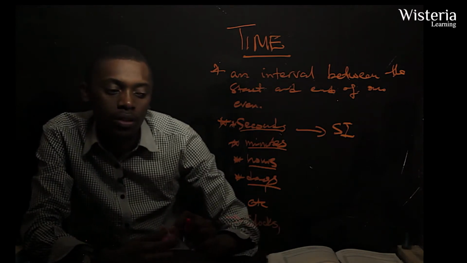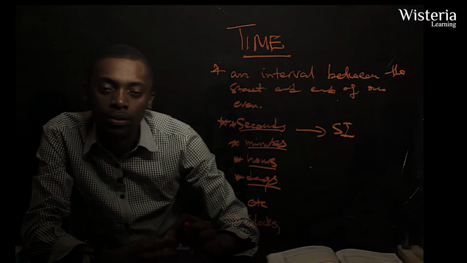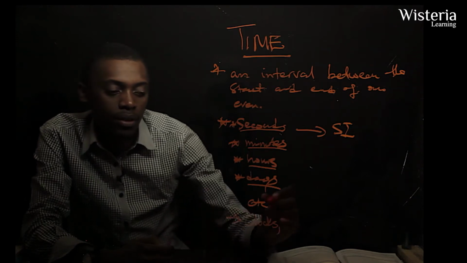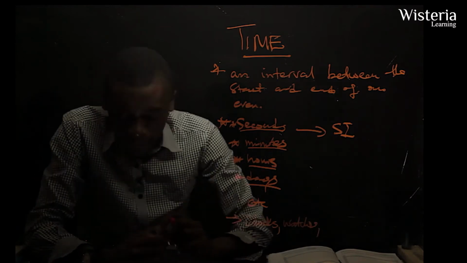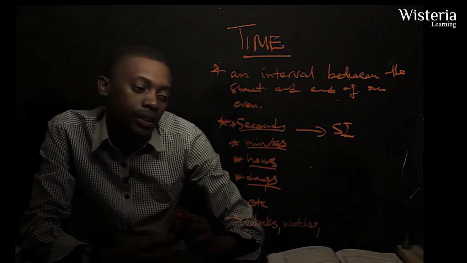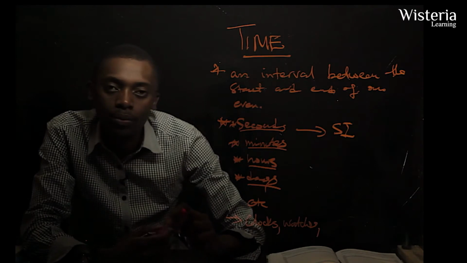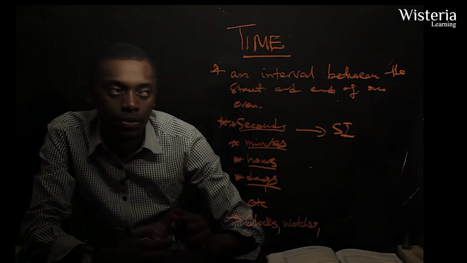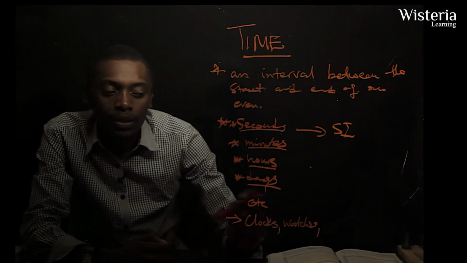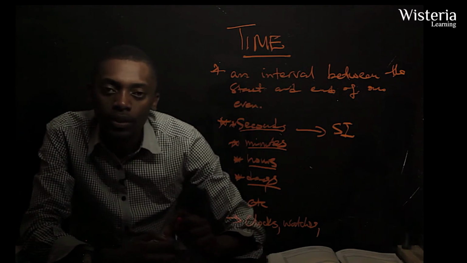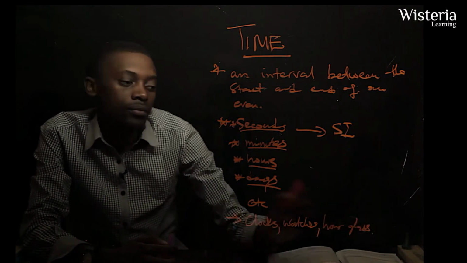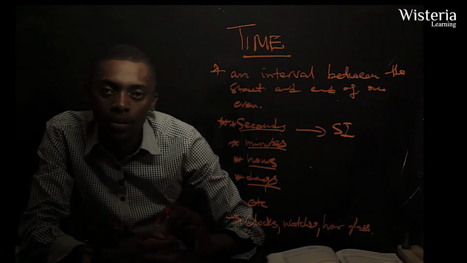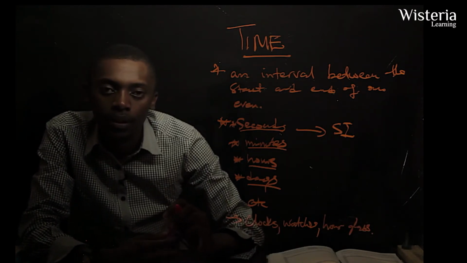We can measure time using instruments known as clocks. We can also use watches, and these come in different forms: stopwatch, wristwatch, and so forth. Apart from this, there is also another instrument known as an hourglass, which we can also use to measure time.